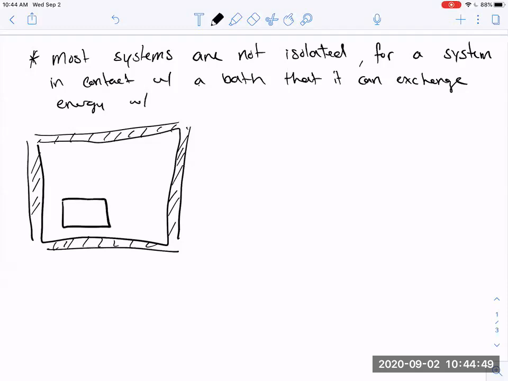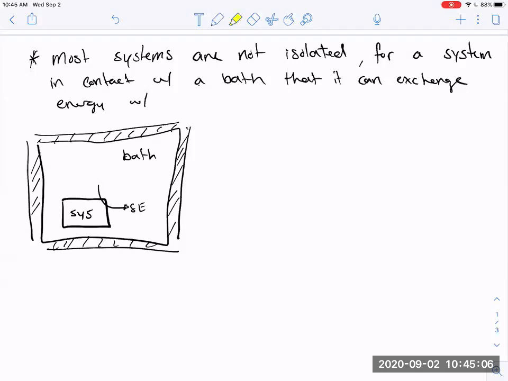Inside it, we carve out what we want to define as our system. Everything else is therefore what we denote as a bath. And we envisioned the case where the two can exchange energy.